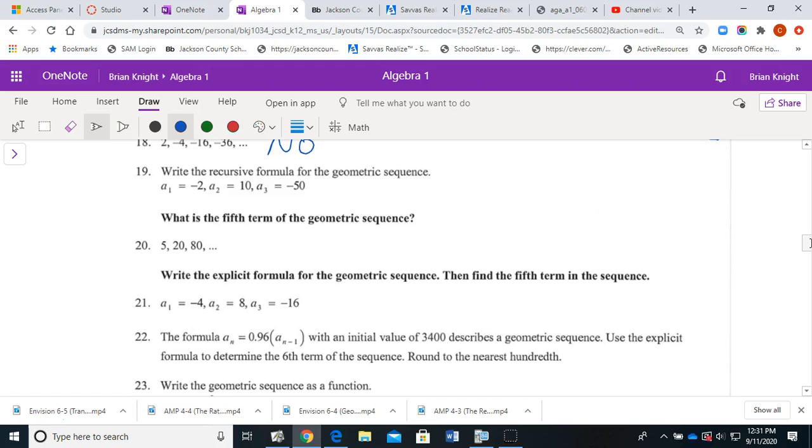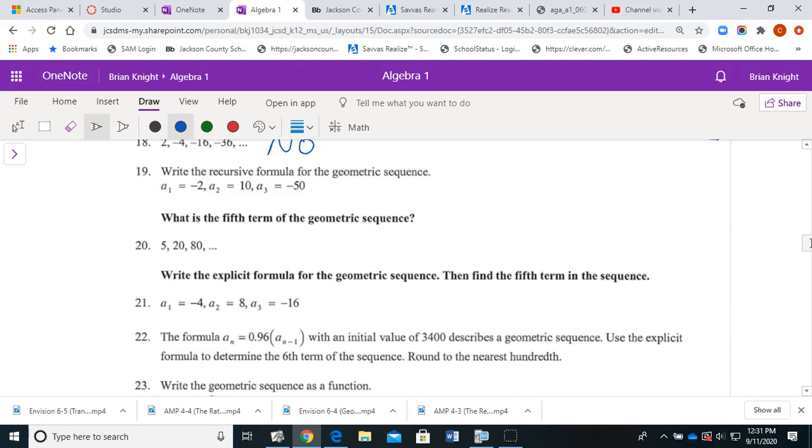So, 19. All right. So the recursive formula. All this means is you're going to take the term in front of the term you're looking for and multiply it by whatever your r is. So these are very easy to write. It gives a1, right? It's -2. And we have to figure out what is my r. What are we doing to get the next term?